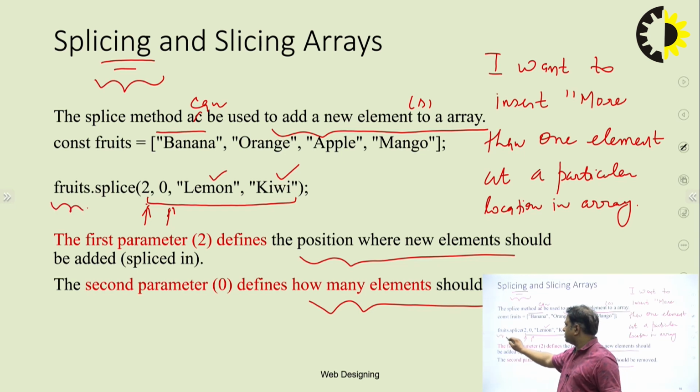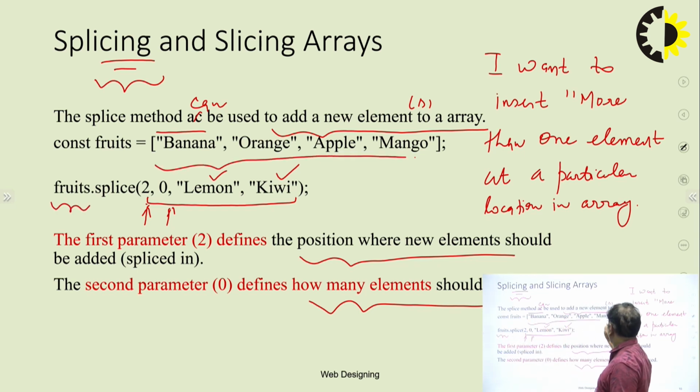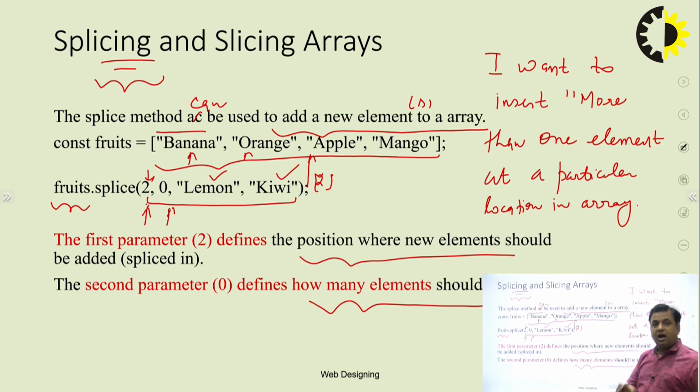This is my array fruits: banana, orange, apple, mango, right? Where to insert these elements? At location number 2. So where is location 2? Location means index 2. This is index 0, this is index 1, this is index 2. So I want to insert at this position, that means after orange.